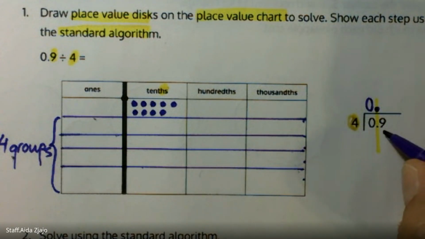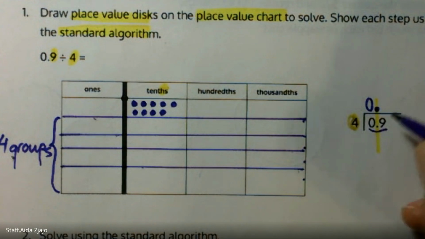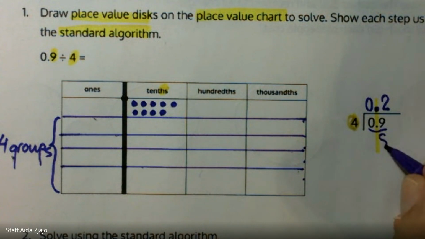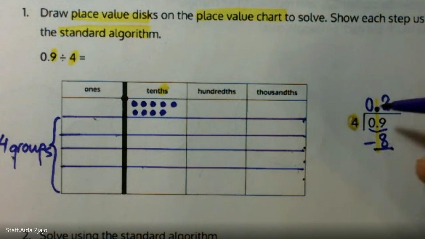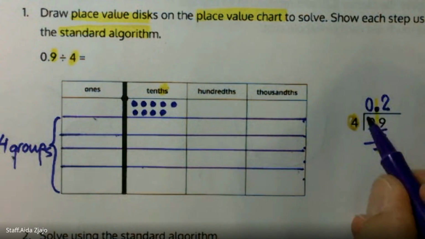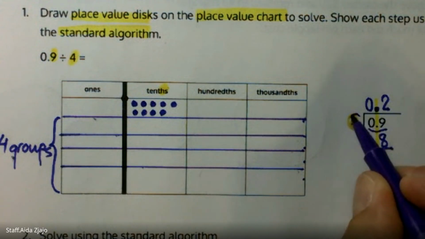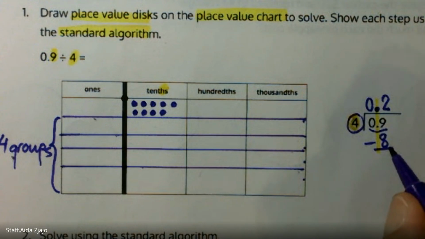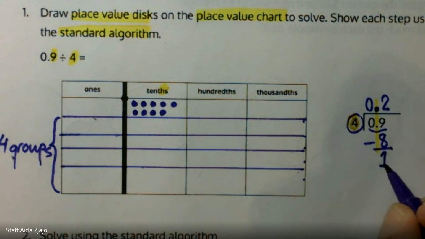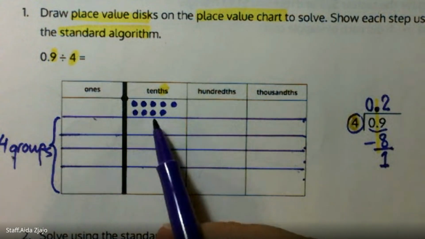But then if you have 9/10, you can make 2 groups. 2 times 4 is 8. So you can share 8 tenths into 2 groups of 4. So 9 minus 8 is 1 left. Let's see how that will work.